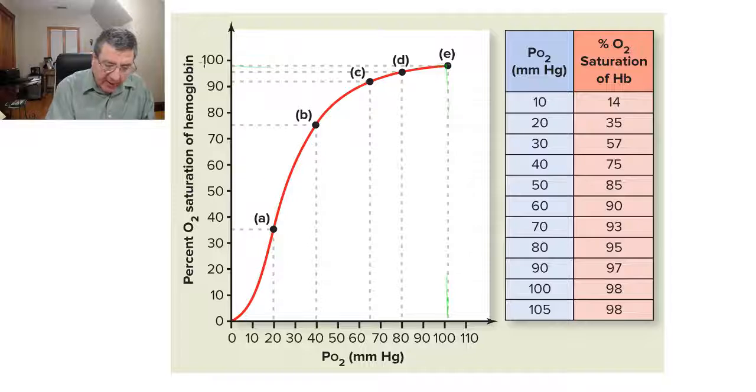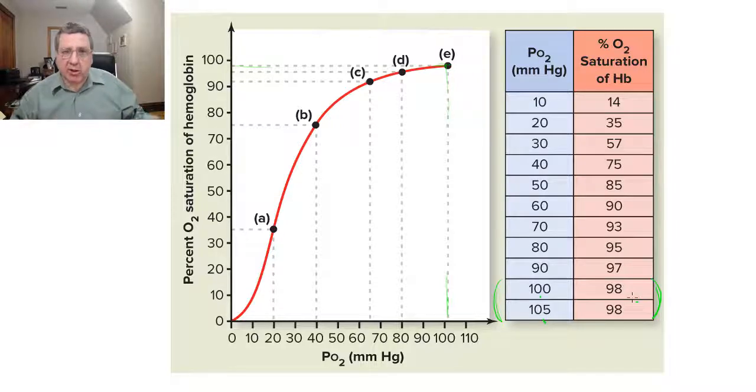So it's not at 100%, but it's at 98%. If you go on the right-hand side, you can see this column here. A partial pressure of 105 of oxygen yields 98% saturation of the hemoglobin.